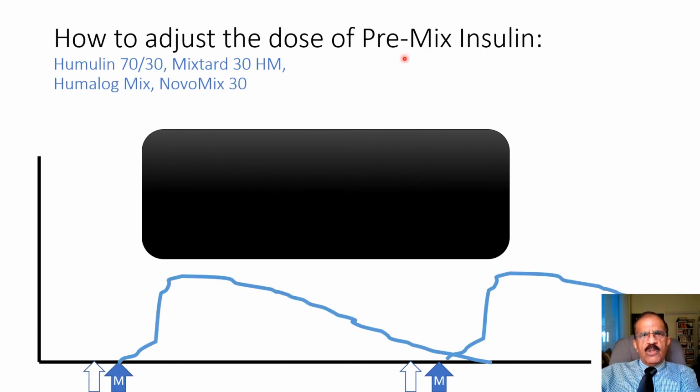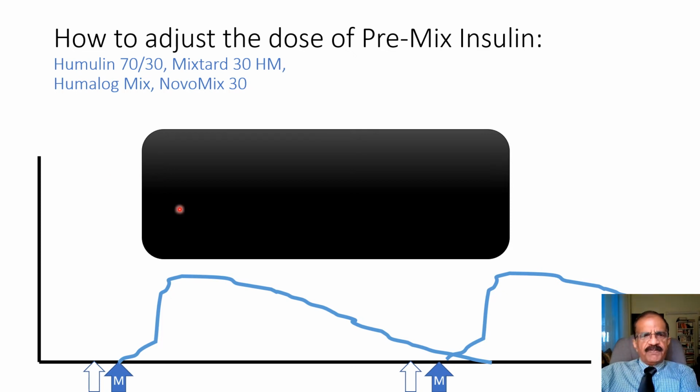How to adjust the dosage of premix. Now this is important because in our country, the majority of the patients on insulin are using premix insulin because it is convenient. Premix insulin is of two types: Humulin 70/30 and Mixtard 30, which are based on human insulin, or we have Humalog Mix 25 and 50, and NovoMix 30, which are based on analogues.